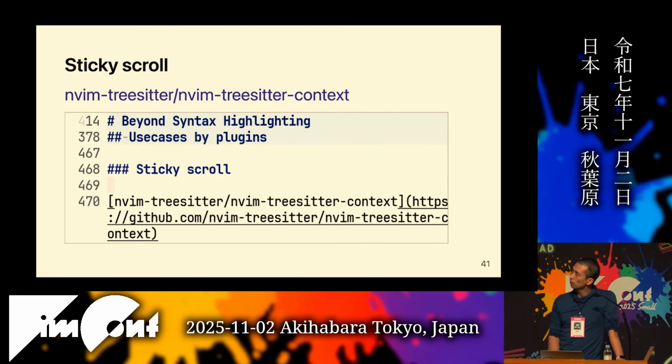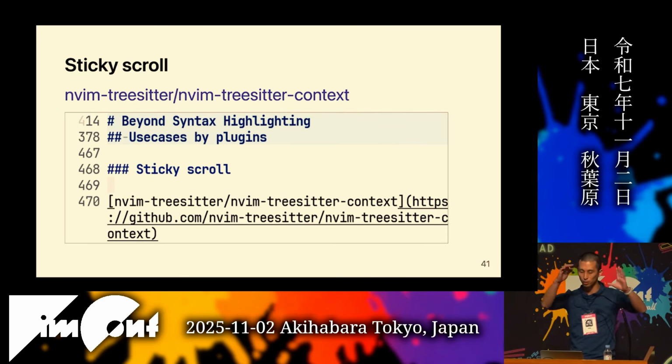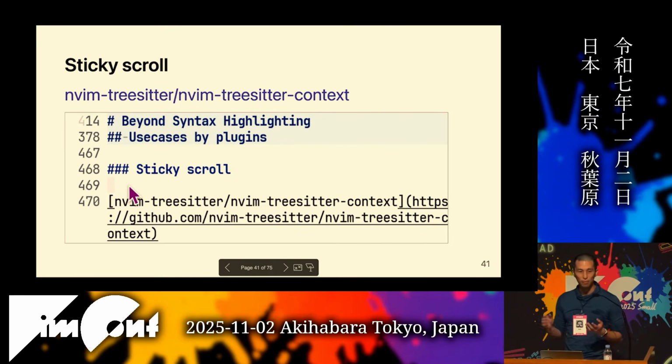Another example is Sticky Scroll, in nvim-treesitter-context. I love this plugin. When you have a very small window and are scrolling, we often lose context. For example, in Markdown, the Markdown heading goes outside the window because the window is too small.